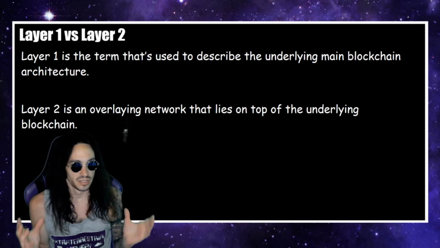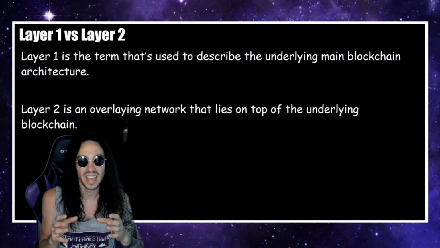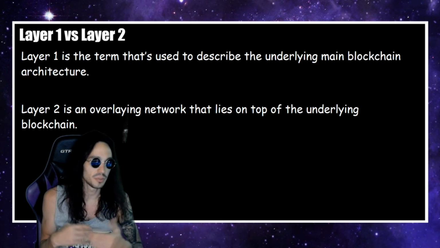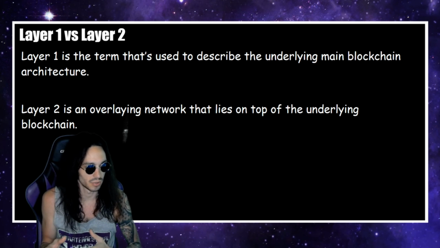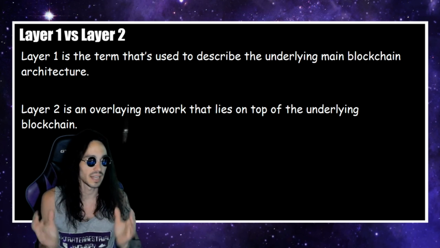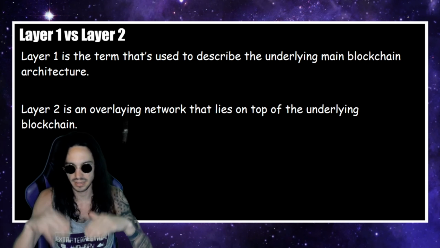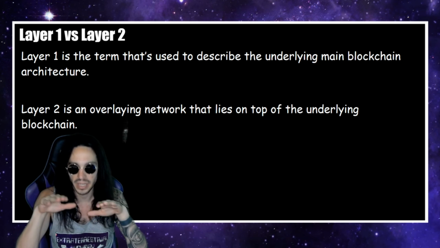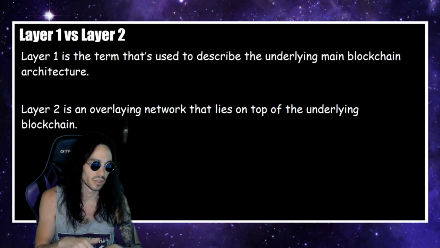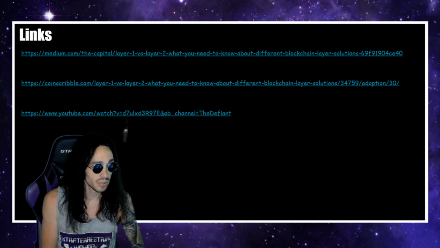So developers create the layer 1 blockchain, and then as they're using it, they need to make improvements and solutions to the problems that they run into. So they create a layer 2 solution that essentially wraps it all together, and it sits on top, but I like to think of it as it wraps around the blockchain, but it basically is just added as another layer to improve the network.